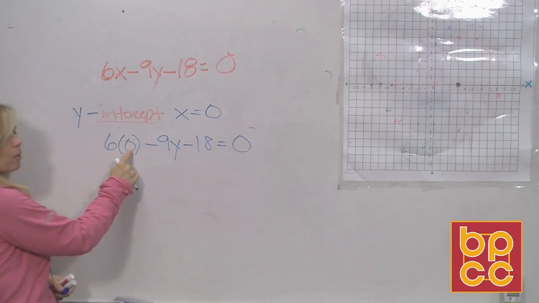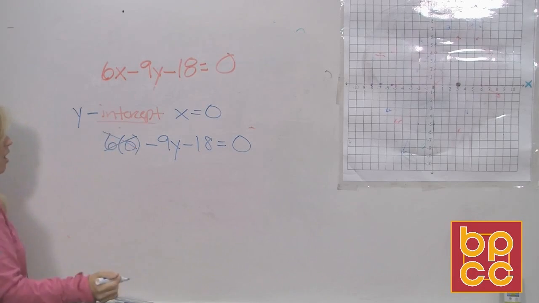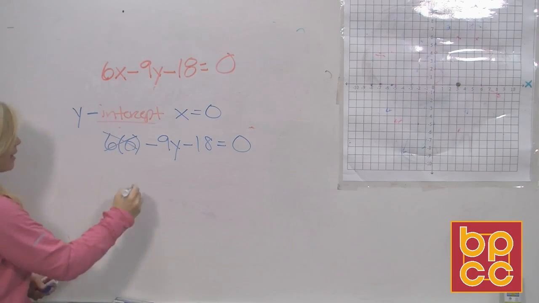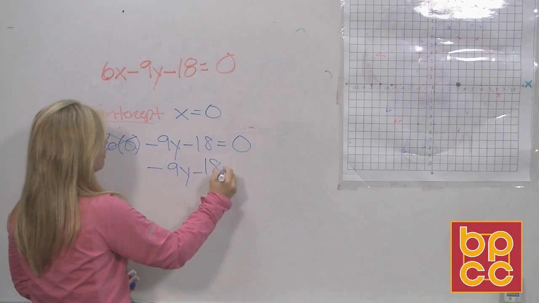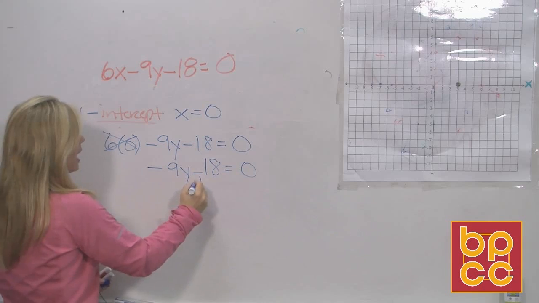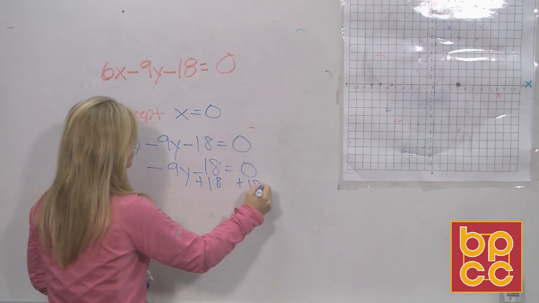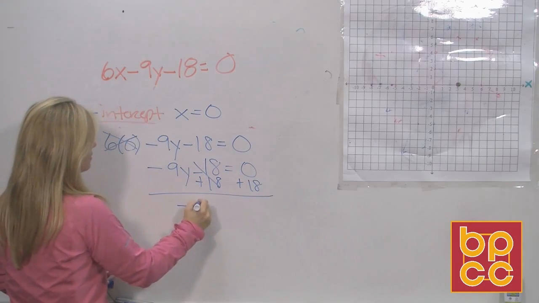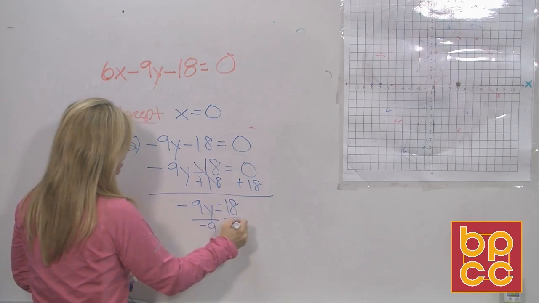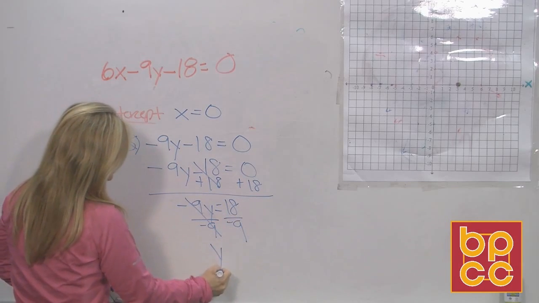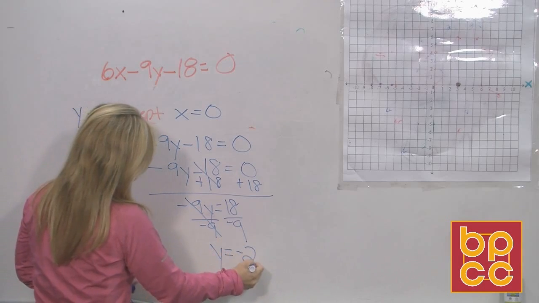What's 6 times 0? That's nothing. Cross it out. It's gone. That's what your goal was, to get rid of that. So now you have negative 9y minus 18 equals 0. I add 18. Negative 9y equals 18. I divide by negative 9. And 18 divided by negative 9 is negative 2.